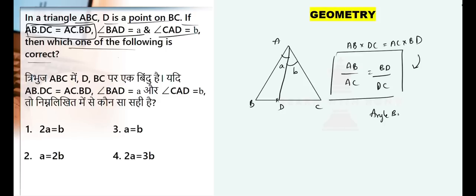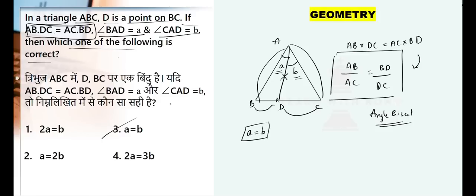When the ratio AB divided by AC equals BD divided by DC, this happens only when AD is an angular bisector. When AD is an angular bisector, the angle here and the angle here are both the same, which means angle A equals angle B is our answer, option number 3.